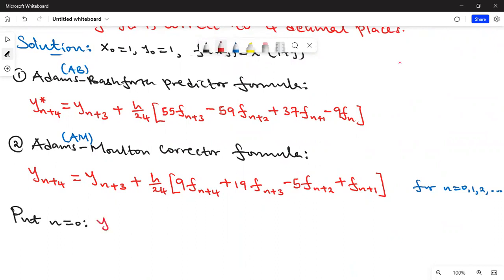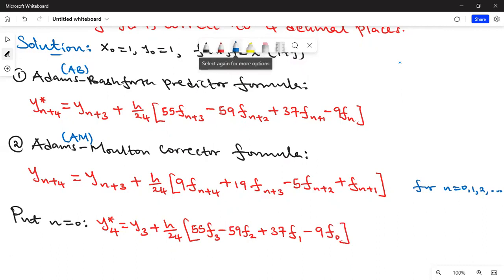That will give us y4 star is equal to y3 plus h over 24 times 55 f3 minus 59 f2 plus 37 f1 minus 9 f0.